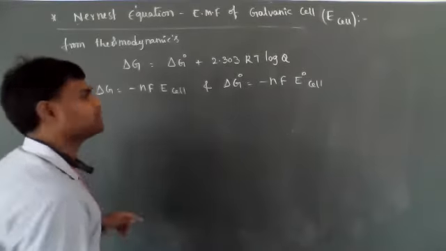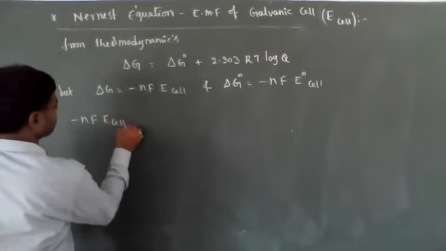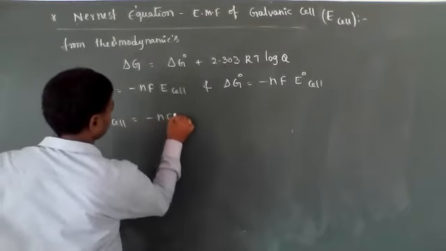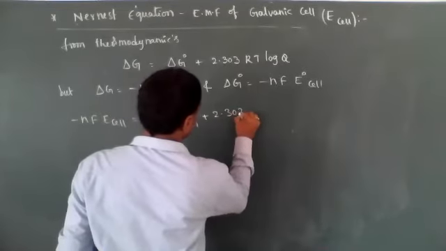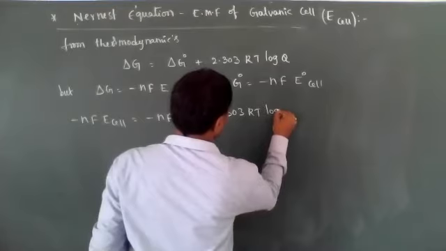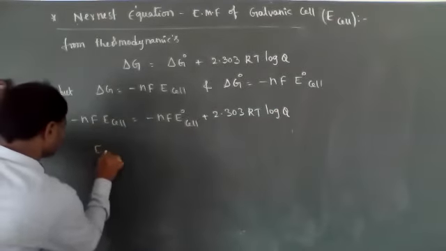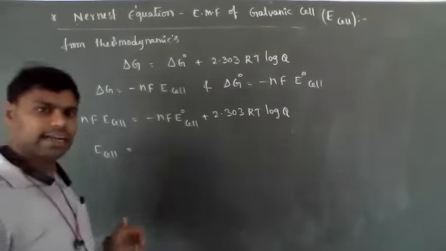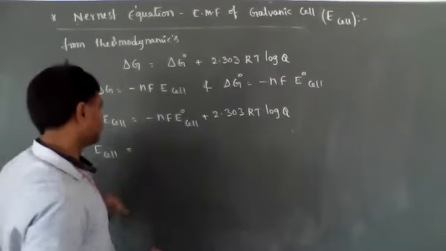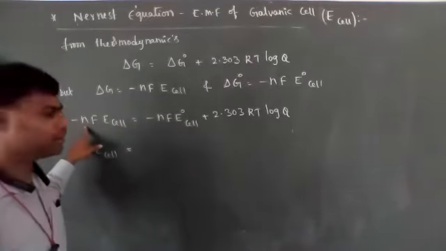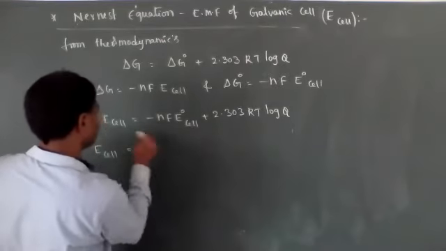Then substitute those values in the above equation. Minus nF E cell is equal to minus nF E0 cell plus 2.303 RT log Q. Here E cell means the electromotive force of the cell under different conditions. The nF will cancel, since it divides on the other side, and minus and minus will cancel.